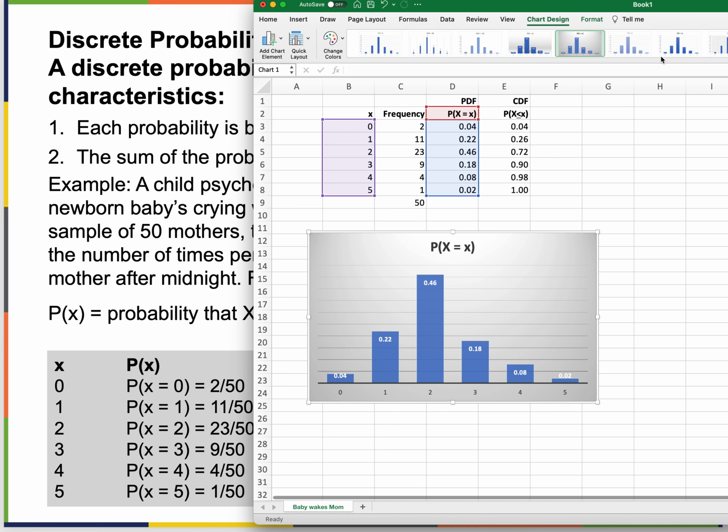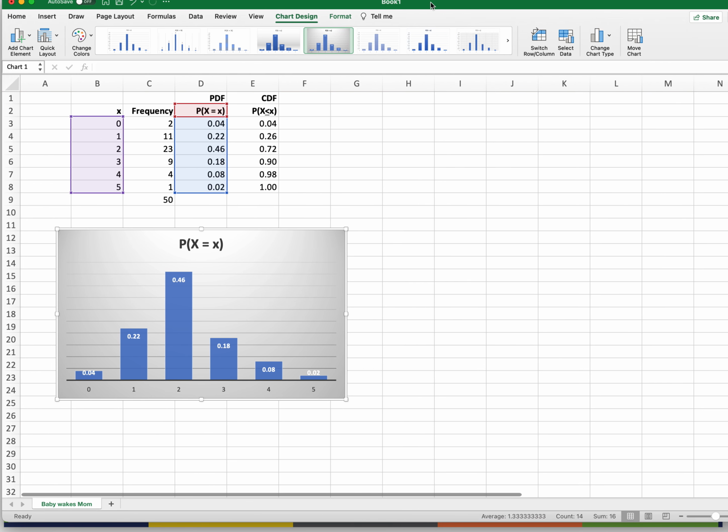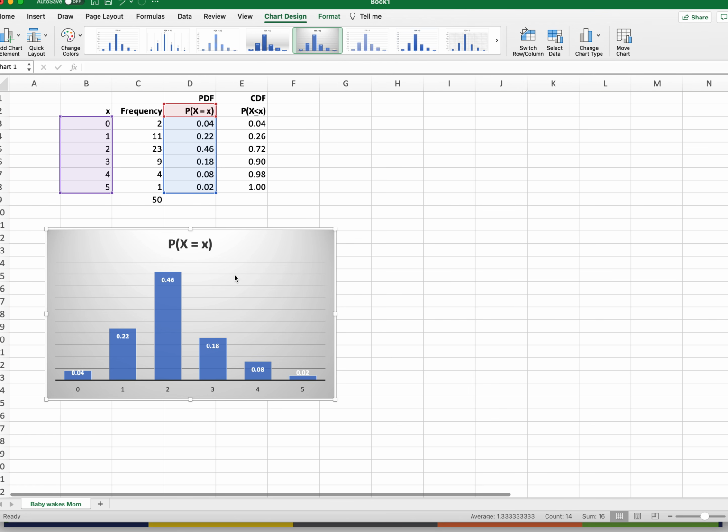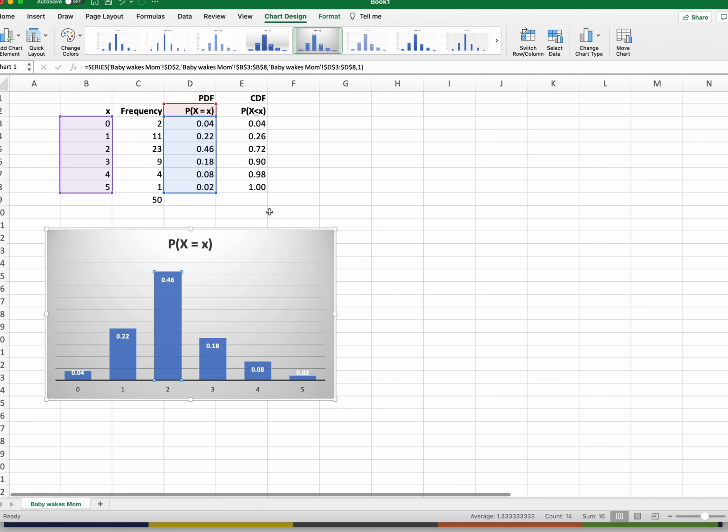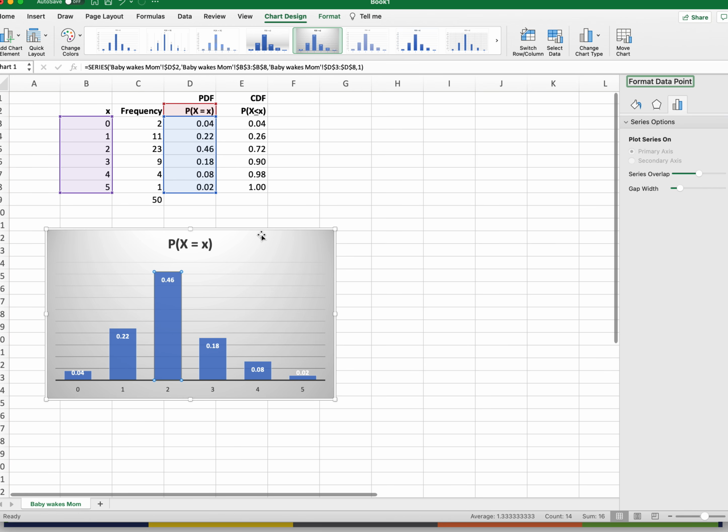And what I want to do, and let me move this over so you can see what's happening here. I want to highlight these, and I probably want to do chart design. Well, I don't want to do that. I want to do, there we go.